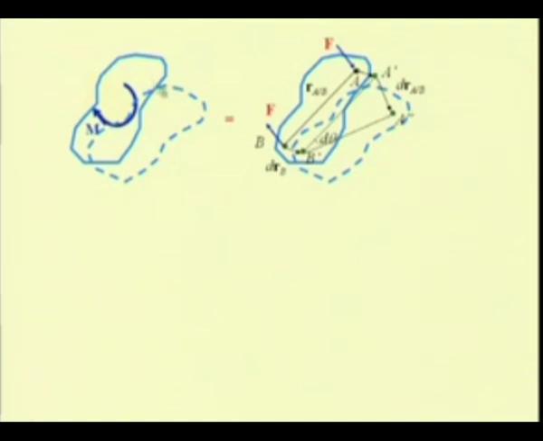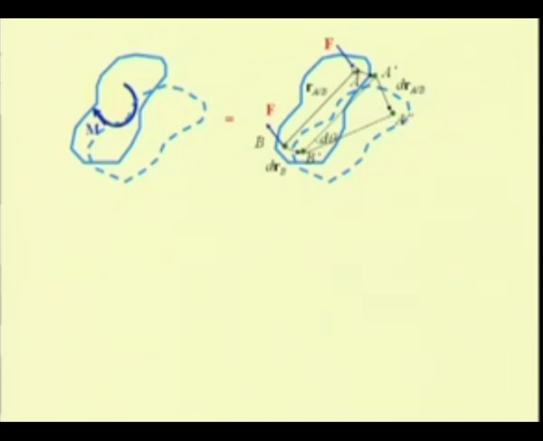This total movement can be decomposed into a translation and a rotation. So, let us take two points on the body, A and B, and in the final dotted position we have B prime and A double prime.